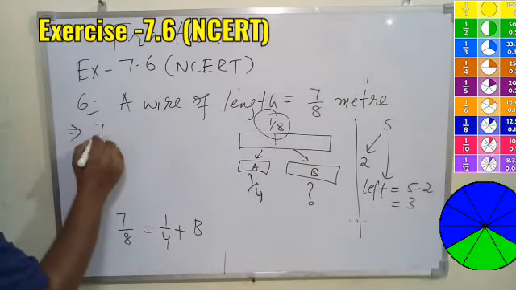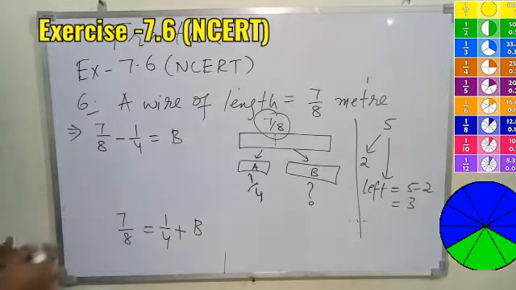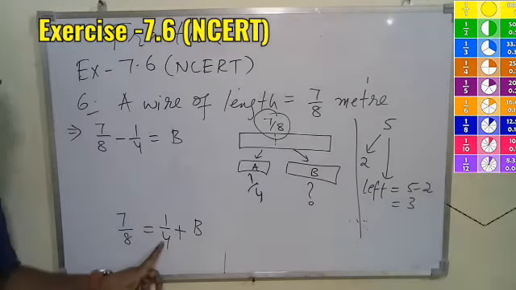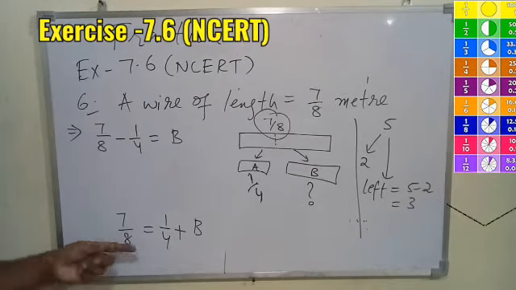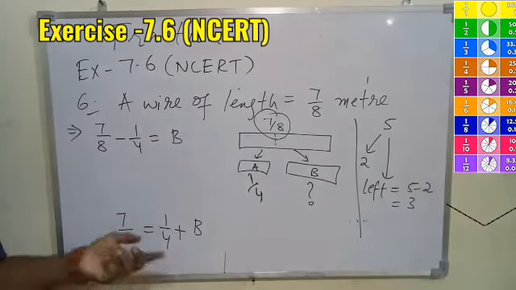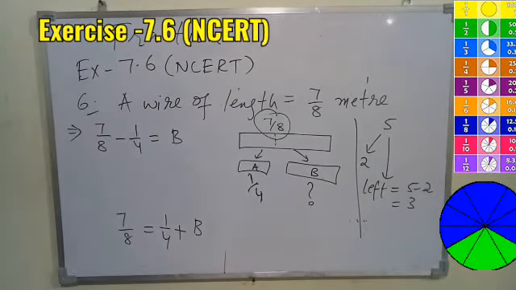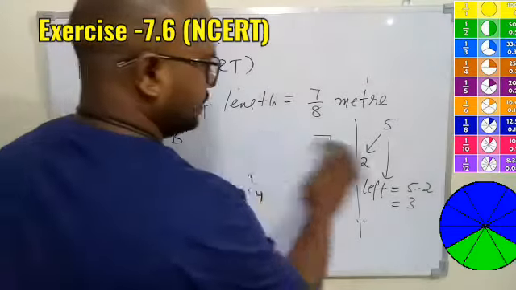We can write 7 by 8 minus 1 by 4 is equal to b. Since 1 by 4 is added with b to make 7 by 8, 1 by 4 will be subtracted from 7 by 8, and you will get b. So that is the simple concept we have. Overall we have to find the subtraction of these two numbers.